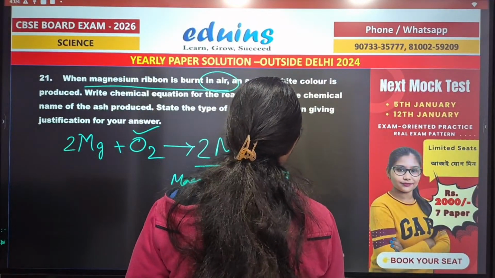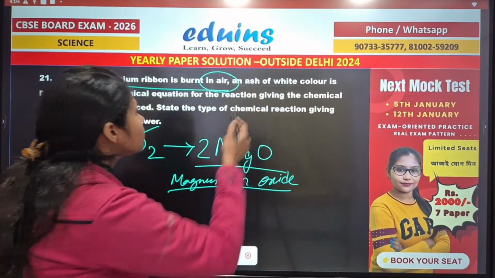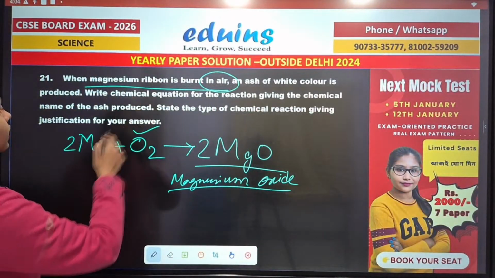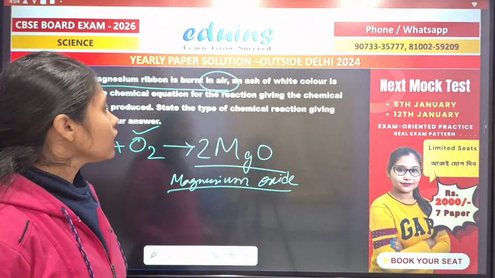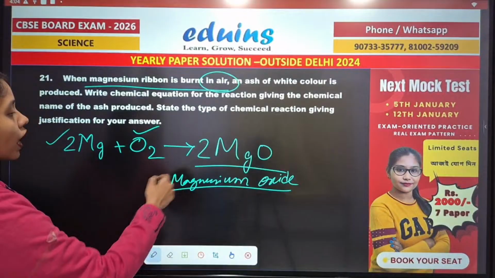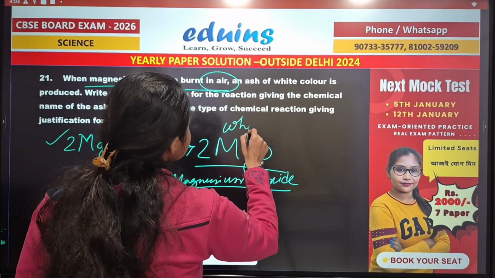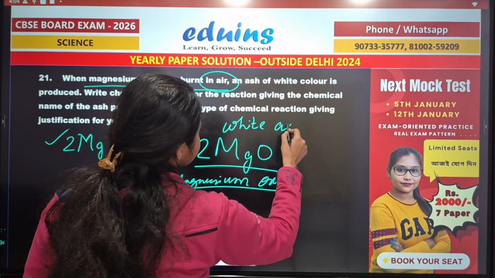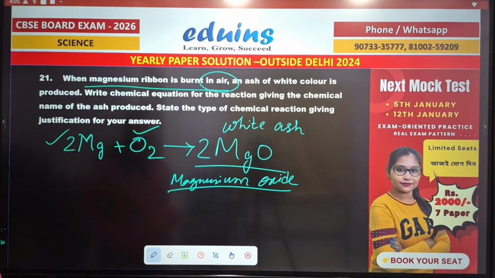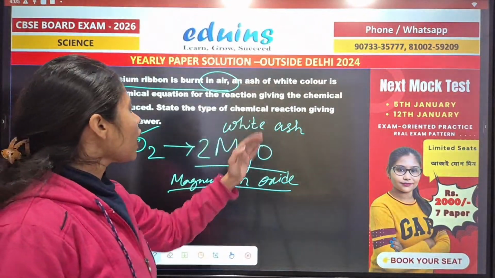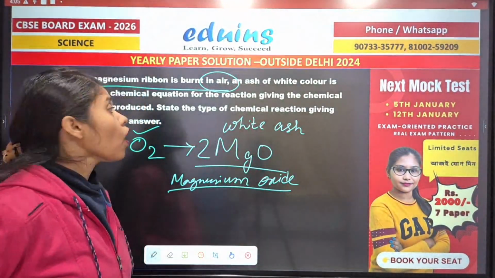So, that is the first answer. Write the chemical equation for this reaction, and this is the white ash. What is the question? Name of the ash produced. So, the name of the white ash is magnesium oxide.